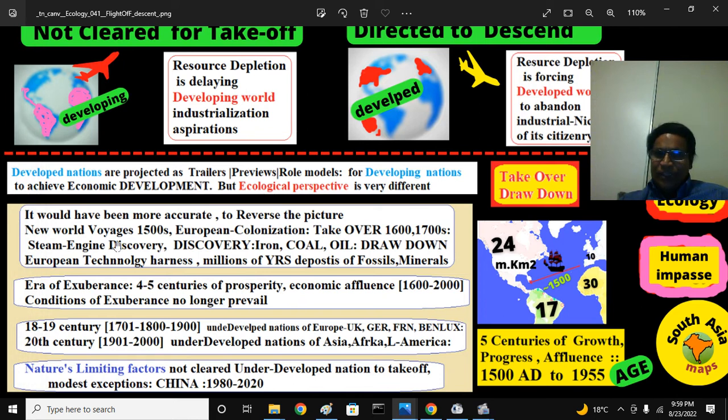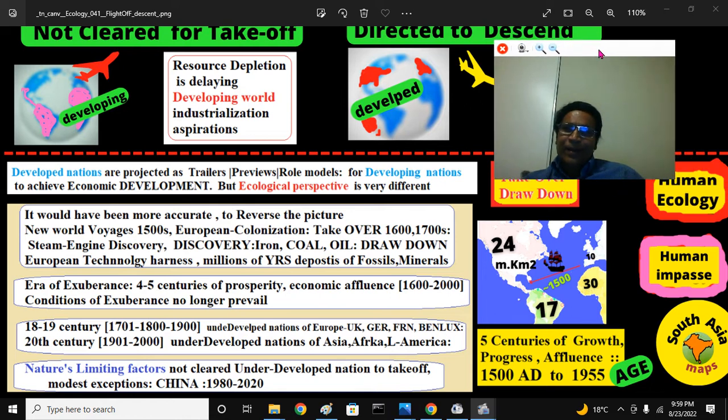Steam engine and the discoveries of iron, coal and oil enabled drawing down. Drawing down has enhanced the carrying capacity, temporarily, called phantom carrying capacity. That means a ghost carrying capacity, not permanent.